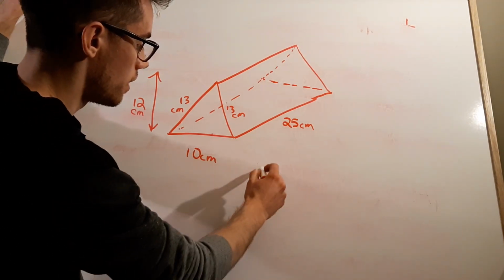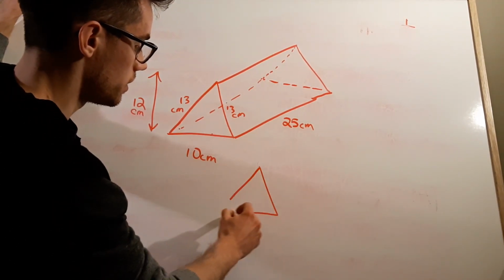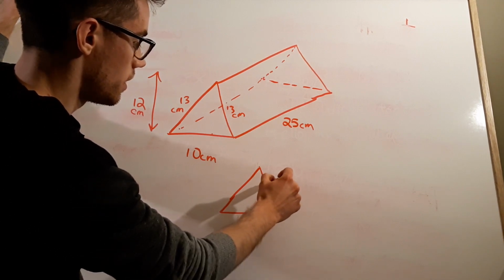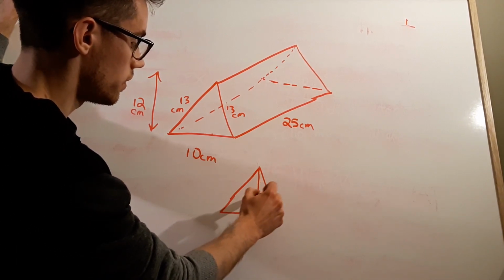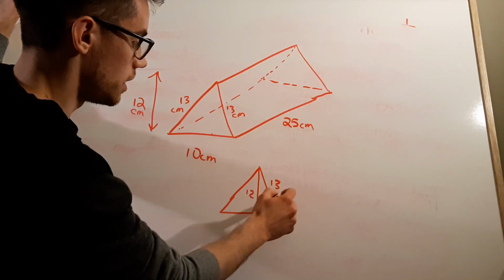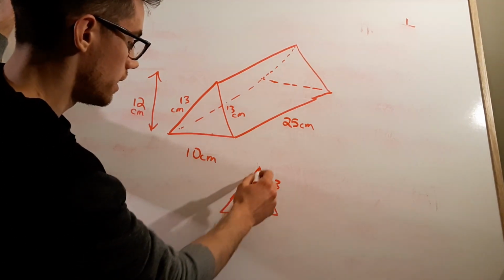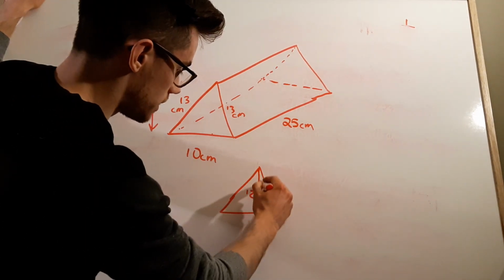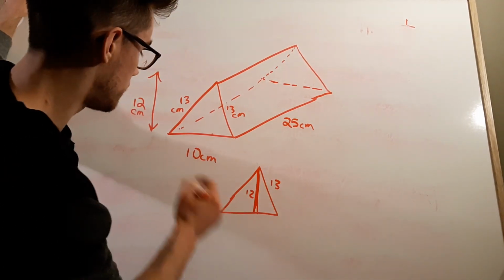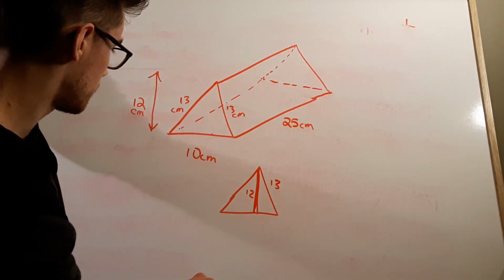So if I look at the triangle on the front, we'll have a height of 12, side length of 13, that doesn't matter right now, and a base of 10. Now, I didn't draw this very well, but this will be cutting it. Oh, it doesn't matter.